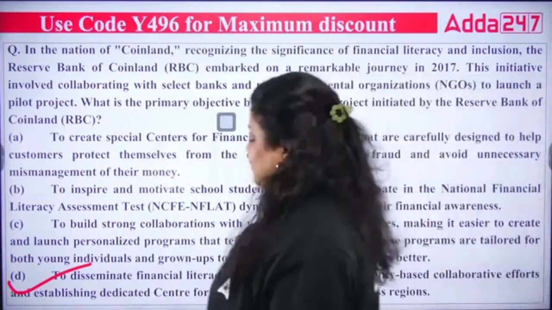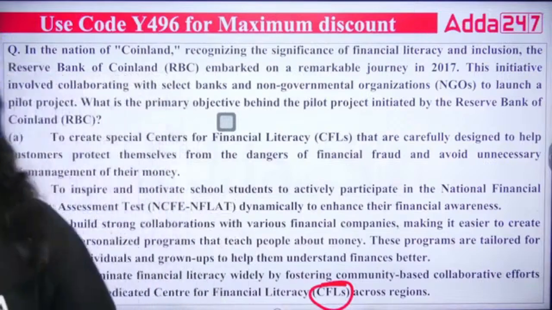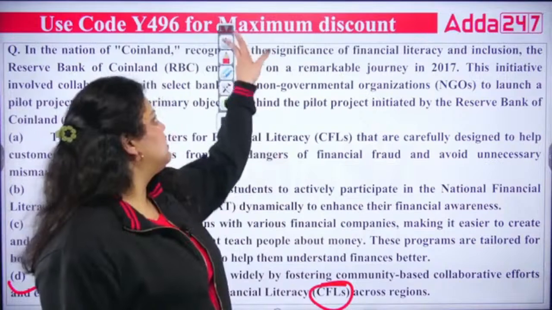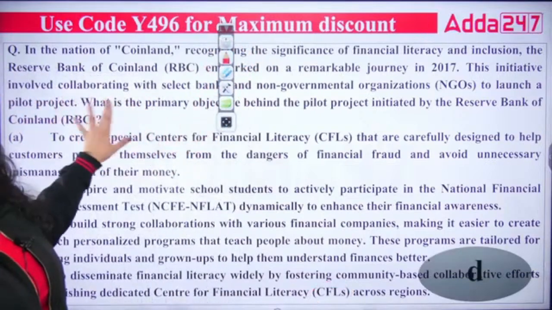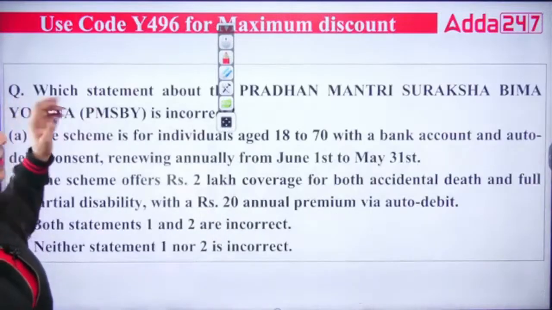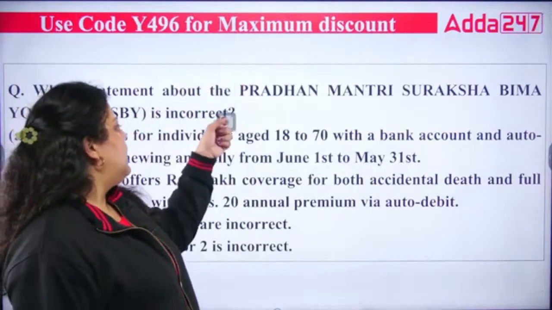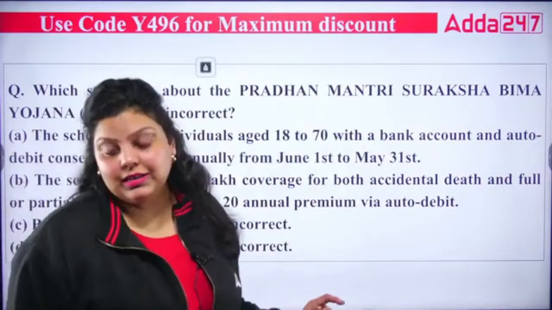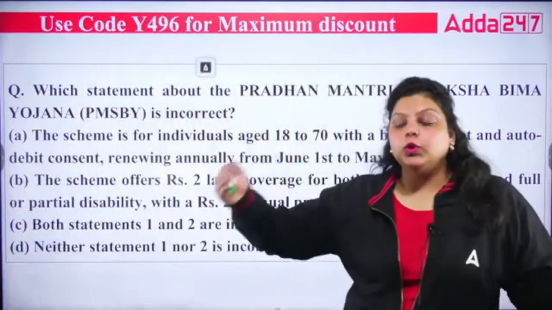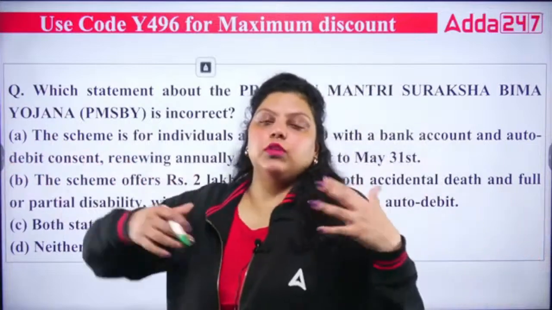So to establish CFLs was the primary objective of introducing this pilot project. So the right answer will be D. When we talk about financial literacy, it simply means making people aware about financial products and services so that they can take sound decisions. They can decide what they want to do and what they do not want to do, like in case of investing their money.